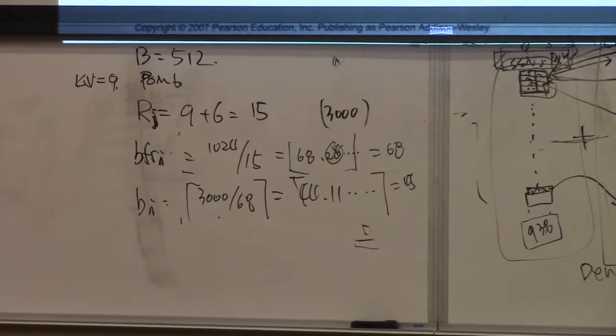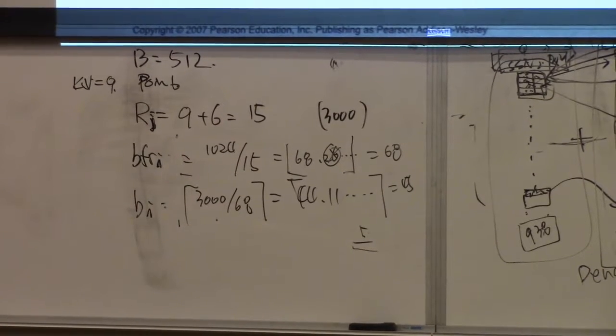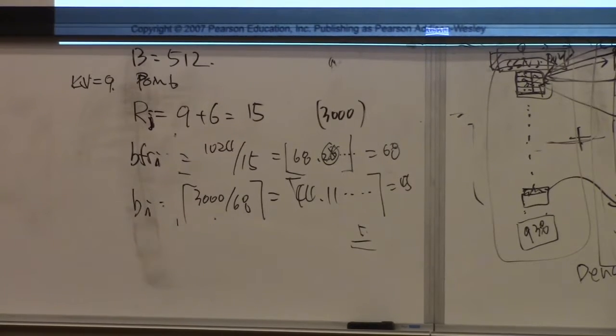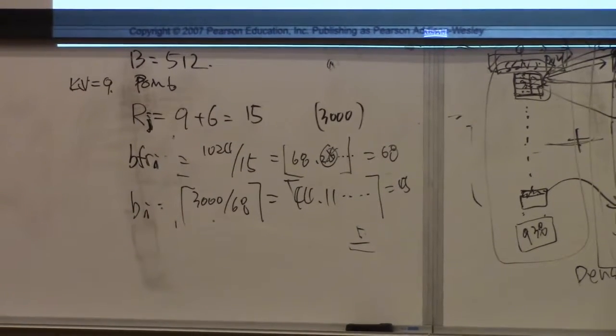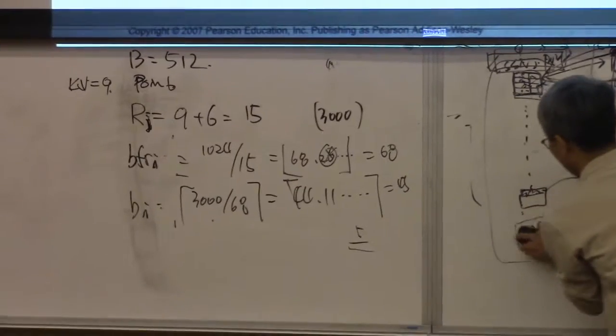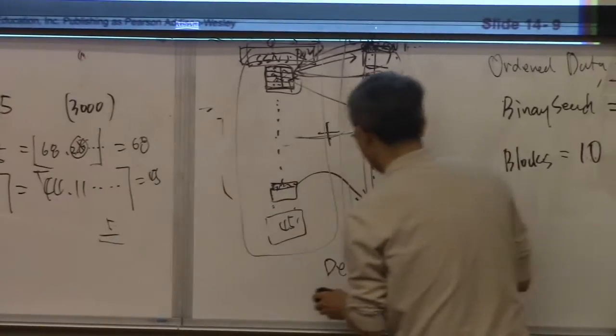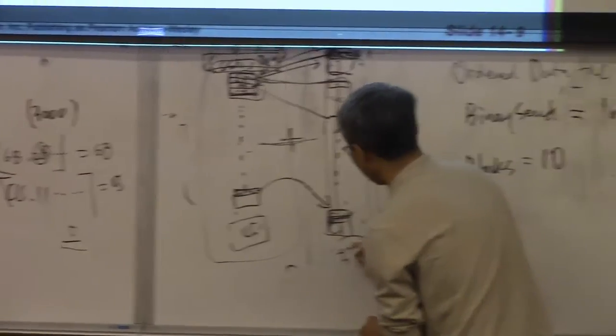So 45 index blocks, and the data file is 3K blocks.